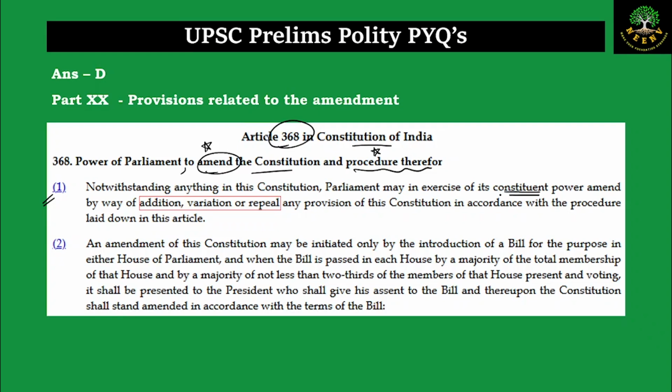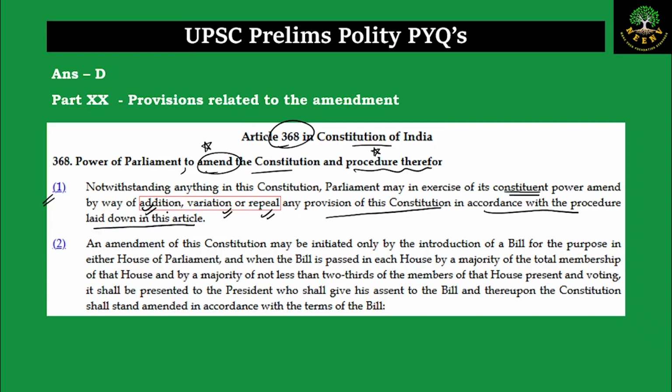Like I said, the Parliament has the power to make laws through the Constitution. So using the same powers to make the laws, the Parliament can now add something, vary something, or repeal something. So the bare act says, by exercising the constituent powers, amend by way of addition, variation, or repeal any provision of the Constitution in accordance with the procedure laid down in this article.